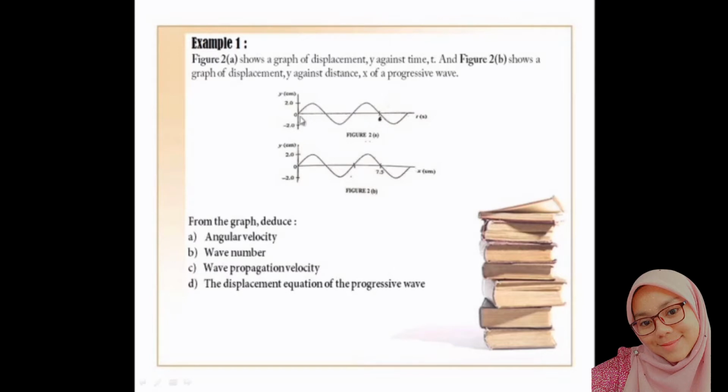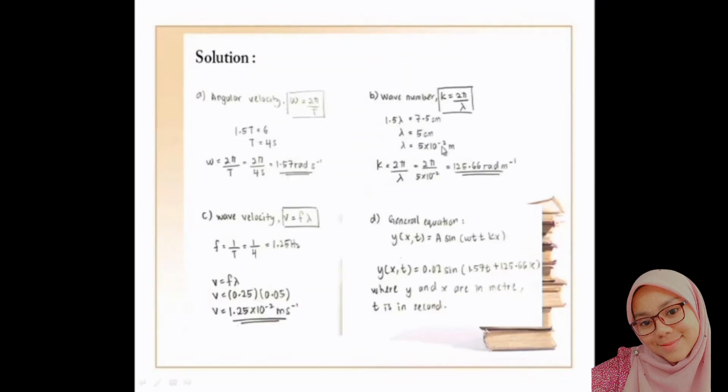So yang ni, from here to here, berapa? So, that this is 1 period and half. Okay, so that's why I write like 1.5 T is equals to 6 and then T is equals to 4 seconds. And then I substitute T into this formula, so I get 1.57 radian per second.